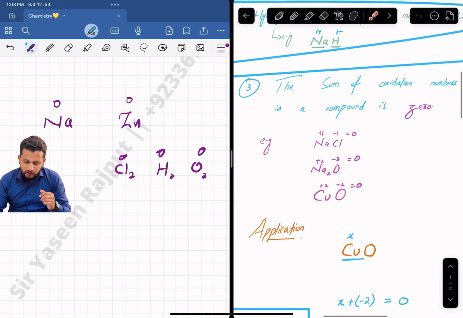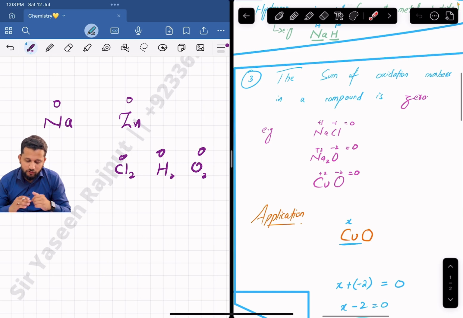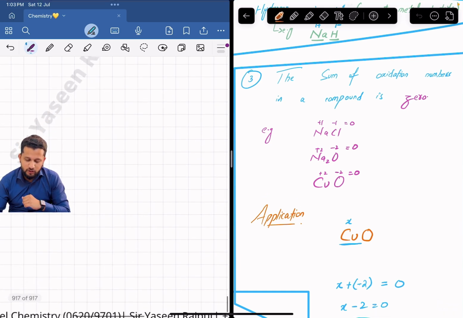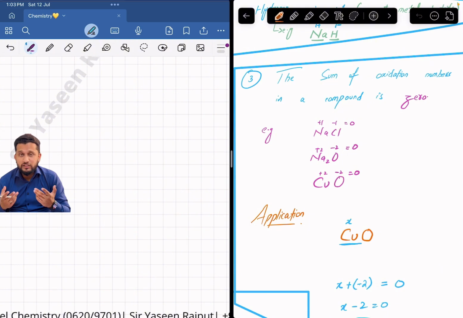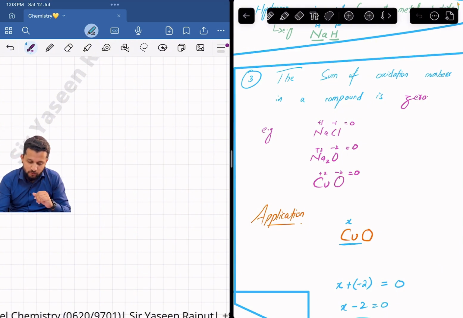And what about rule number 3? So rule number 3 is that the sum of oxidation numbers in a neutral compound is 0. Clear? So the sum of oxidation numbers in a neutral compound is always 0.